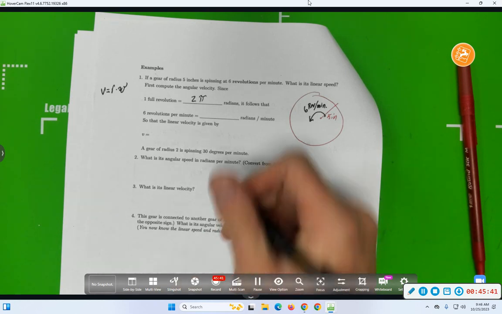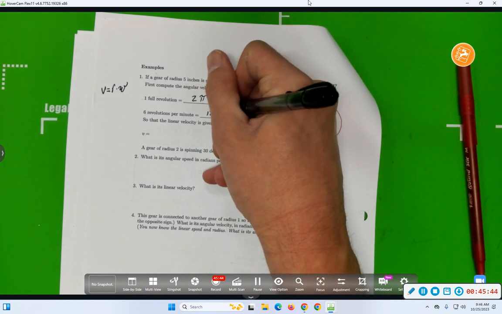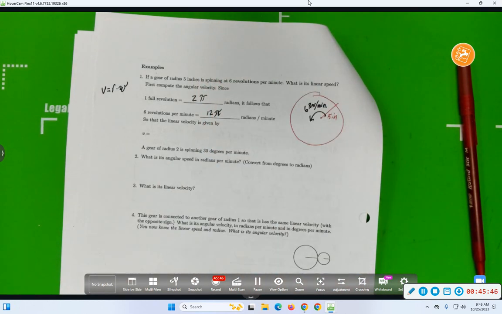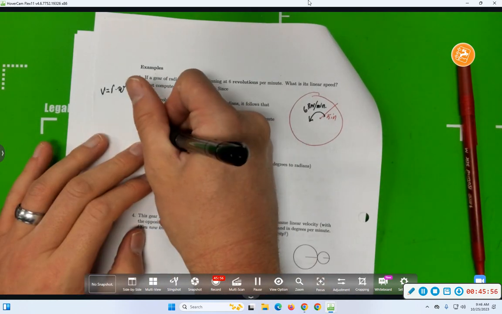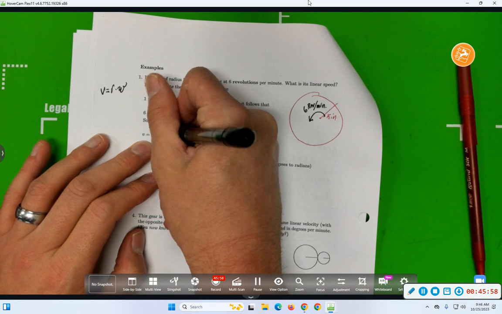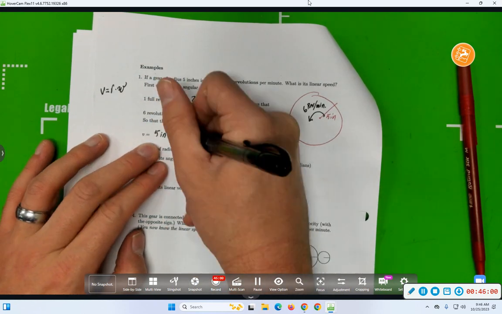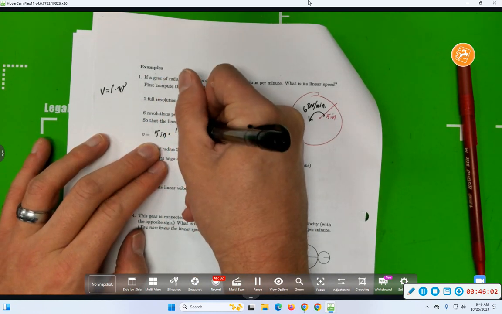The extra pi is important. Now do I have everything I need to get the linear speed of this thing? Yeah. It is radius, which is 5 inches, times 12 pi.